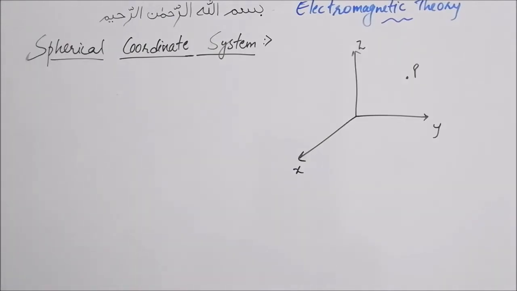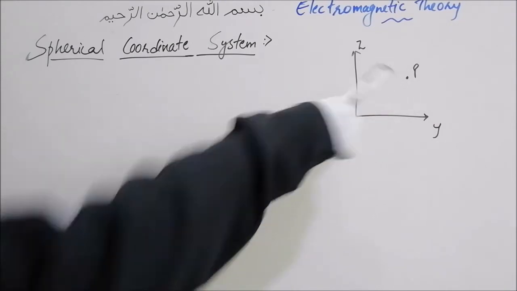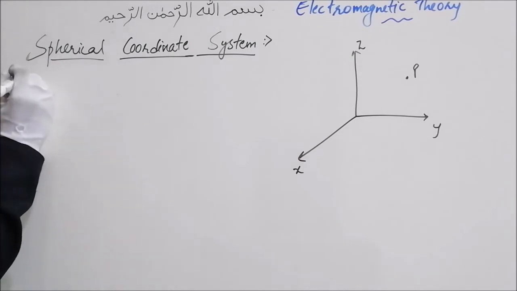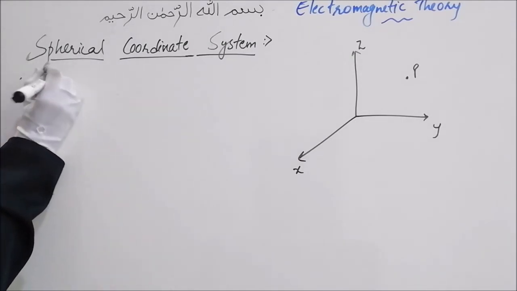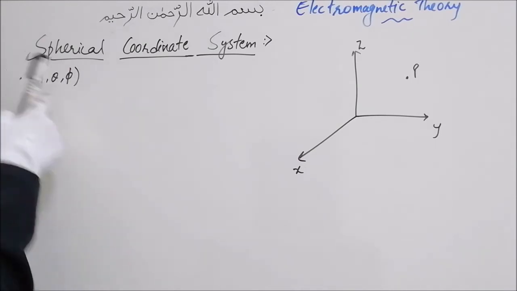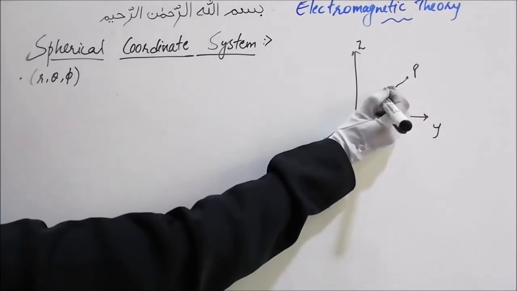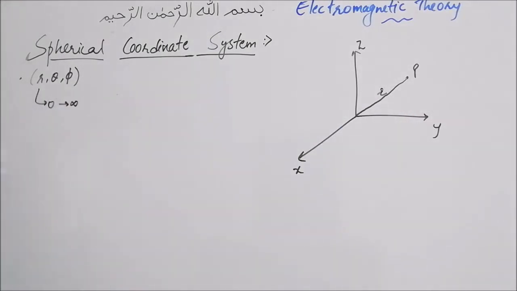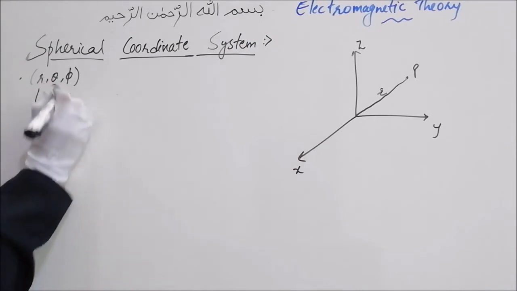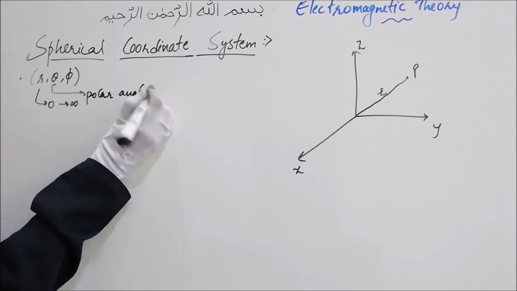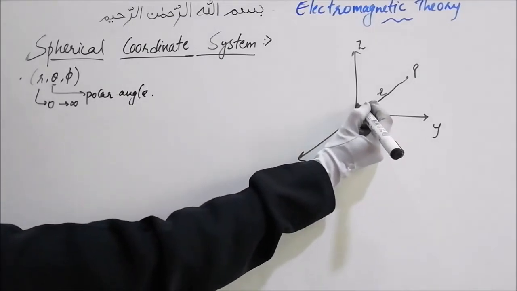Now we are going to look into spherical coordinate system. So the coordinates of this same point P, which were x, y and z in the Cartesian coordinates, can now be written in terms of spherical coordinates as r, theta and phi, where this r is the distance from the origin, and r varies from 0 to infinity. Theta is known as the polar angle, which is the angle down from the z axis.